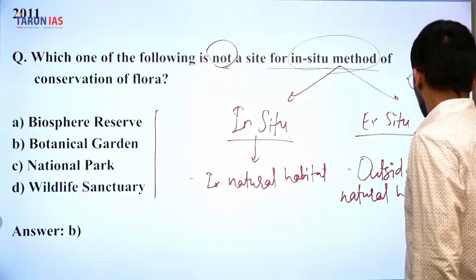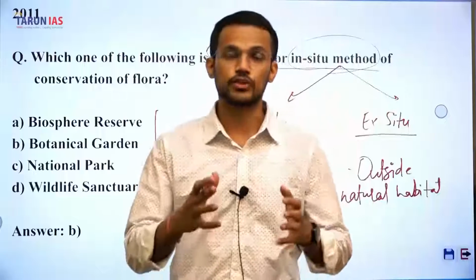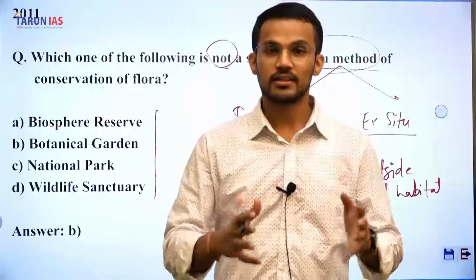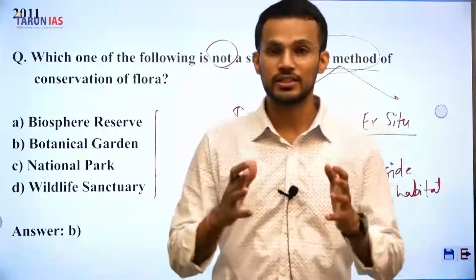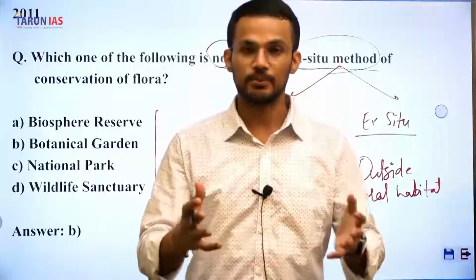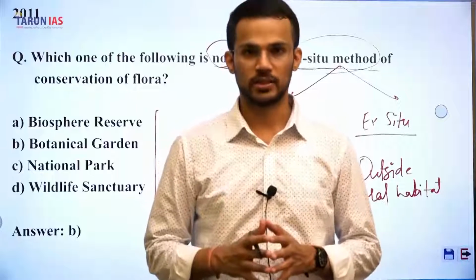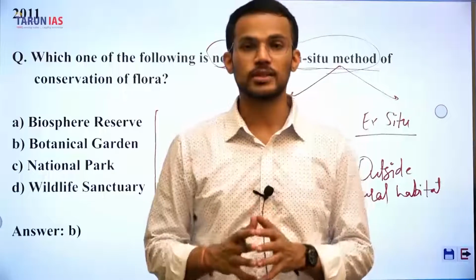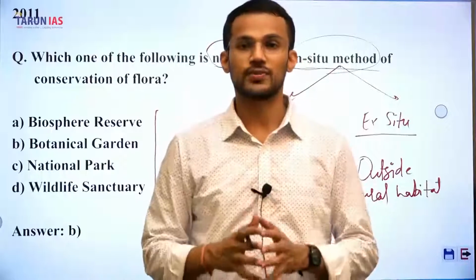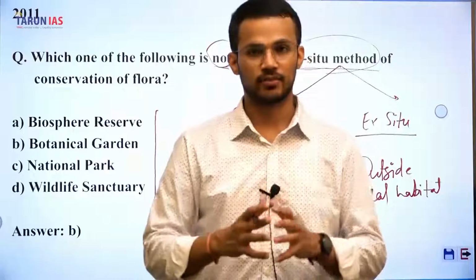That means, suppose a particular plant species is occurring in the littoral zone, then if that plant species needs to be conserved, we can do that based upon the in situ method or the ex situ method. In the in situ method, we will try to conserve that species of plant in the littoral zone itself.